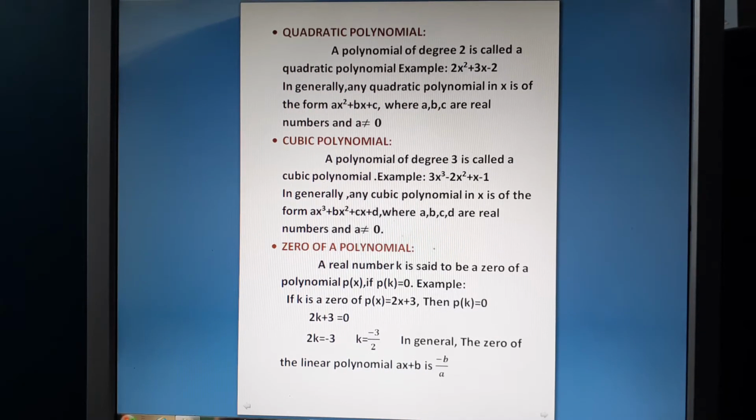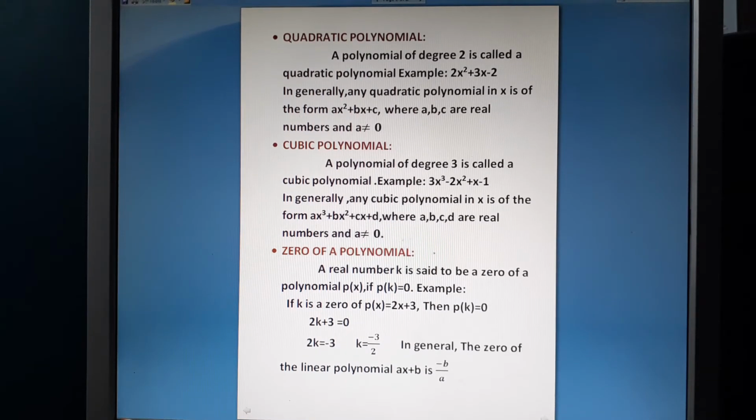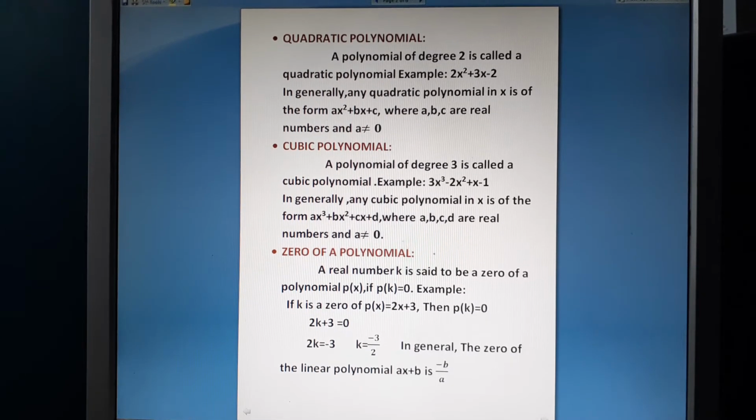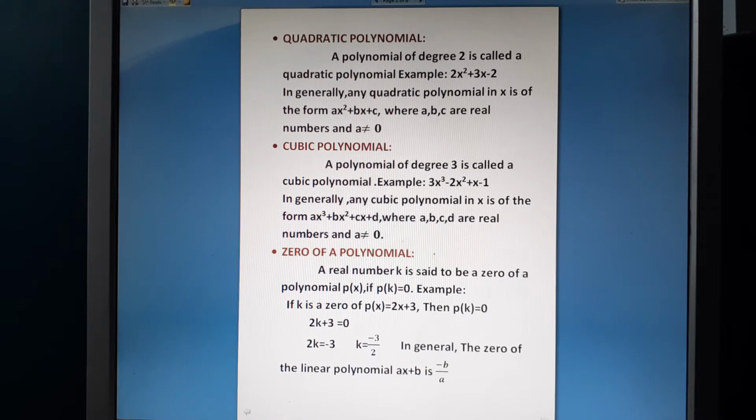Here the variable is x. The highest power of the variable is 3, that is x cube. In x cube, the power is 3. This is the highest power in this polynomial. So the degree of the given polynomial is 3.